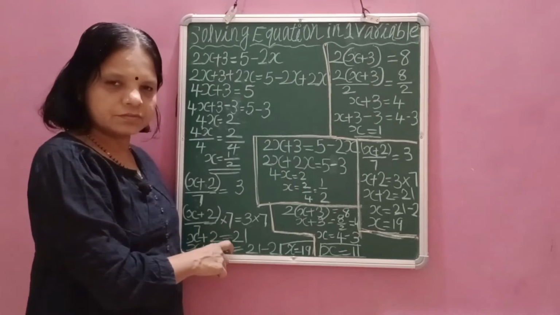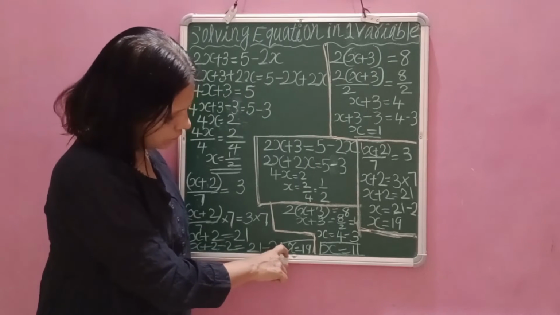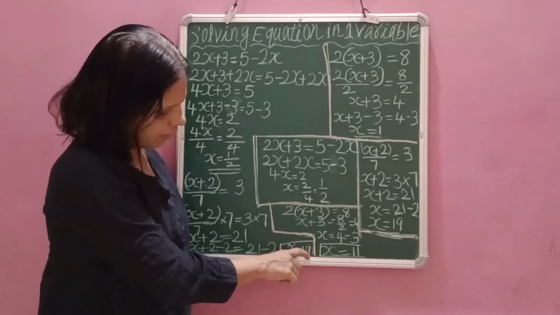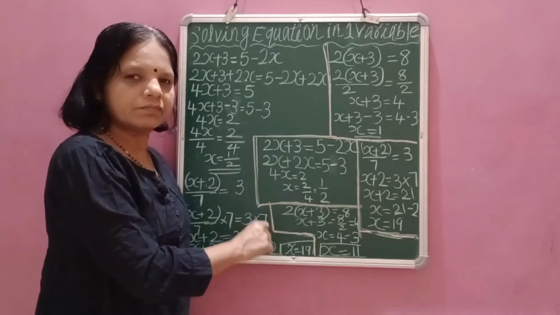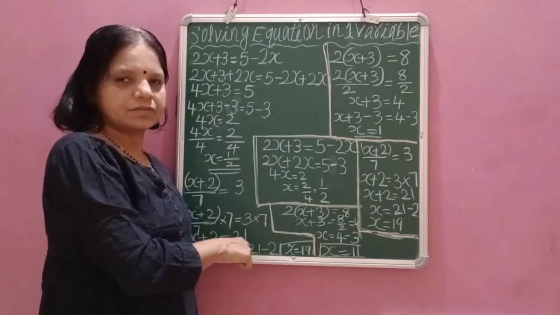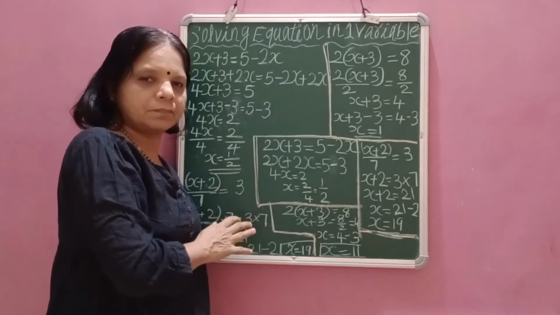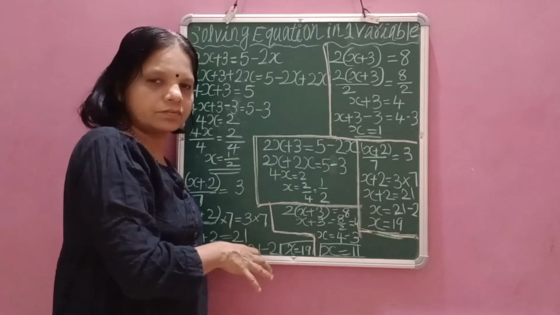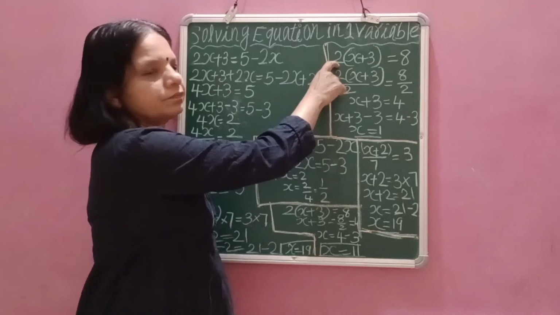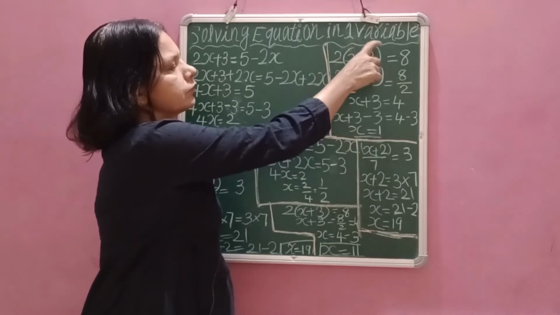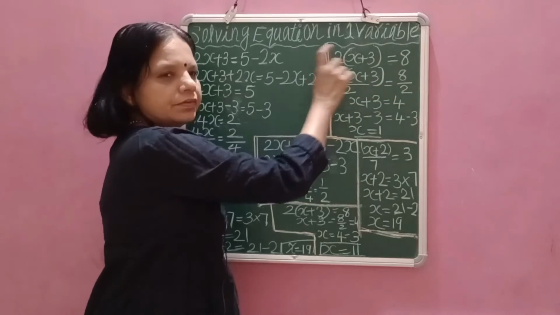Plus 2 minus 2 cancel. x is equal to 21 minus 2, 19. In this way one by one we have to cancel. So the only thing is, the variable you have to keep in LHS and all the numerals you have to keep in RHS.